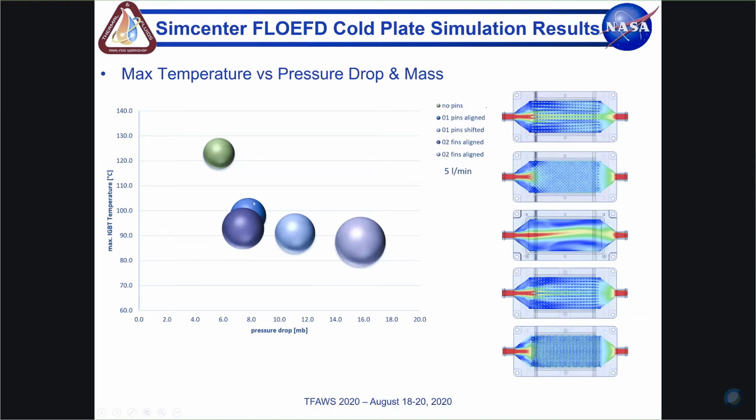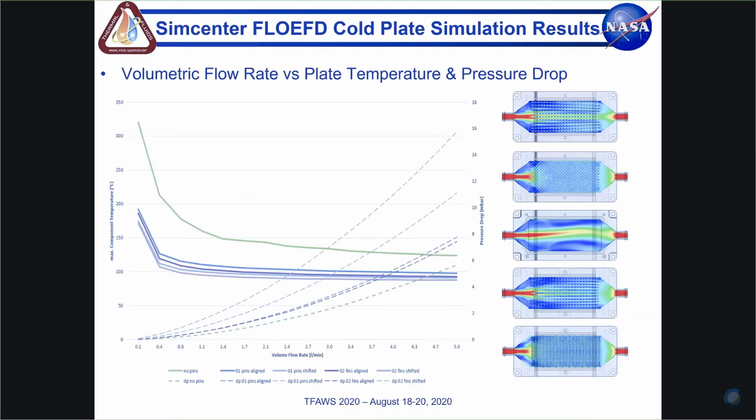But maybe we have a reusable spacecraft and longevity is important, size of the pump is important, energy cost is important, and mass is important. And that leads me to choose this design in the back, which is actually the aligned pin scenario. So that's the smallest, the second smallest mass, but a relatively low temperature and a relatively low pressure drop.